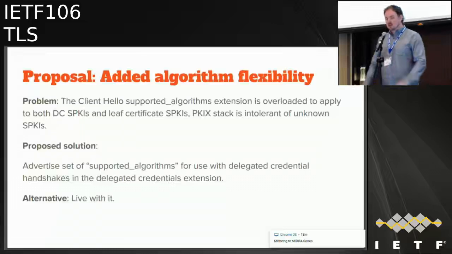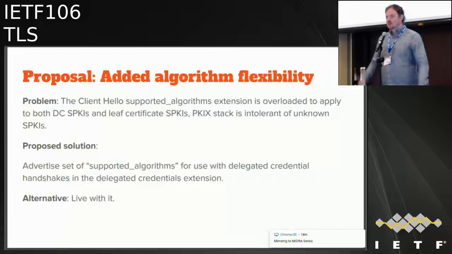The specific use case is, say you advertise support for the Ed25519 signature scheme as a supported algorithm in delegated credentials, and you support Ed25519 delegated credentials, but your PKI stack does not support extracting the Ed25519 SPKI from the leaf cert.